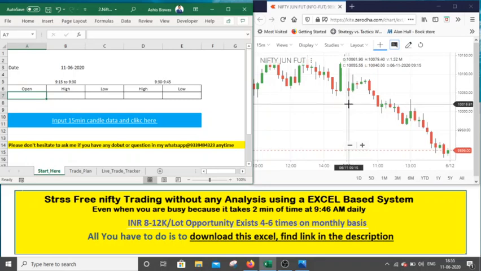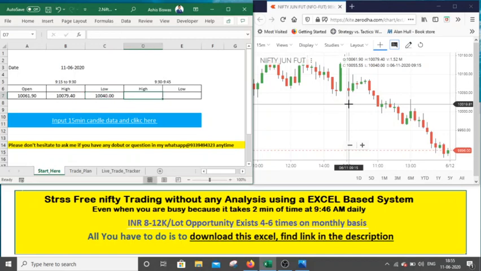So let's see. The open of the first candle was 10061.90. I entered the data. The high of the first candle was 10079.40, and the low of the first candle was 10040.